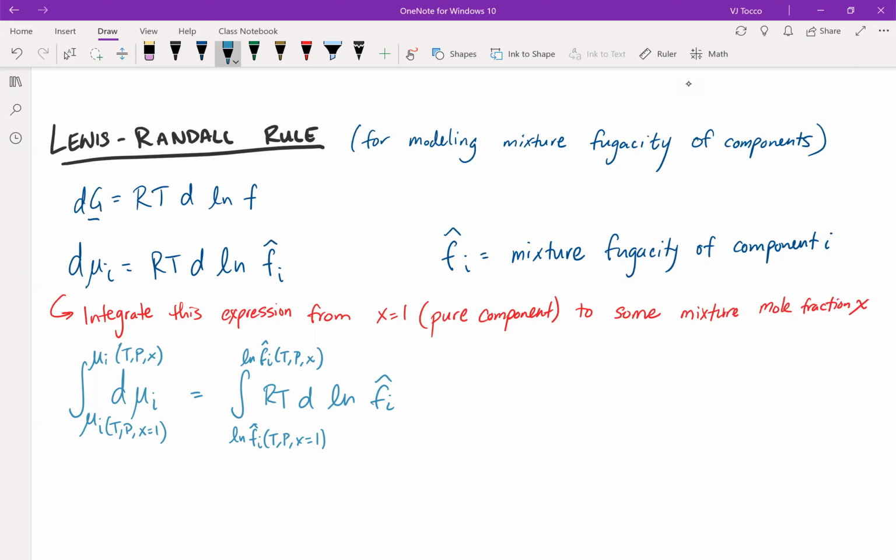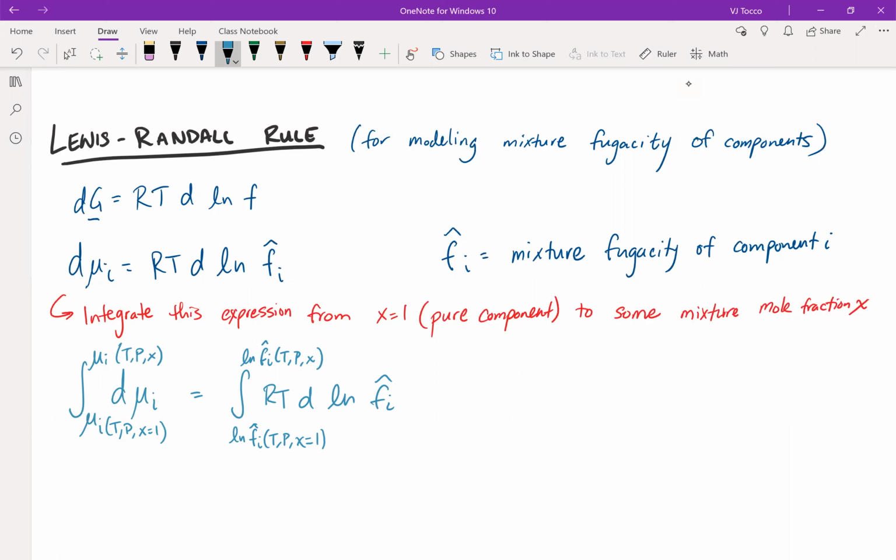Now, a simplification that I can make here is regarding the mixture fugacity of component i if x i is equal to 1. Actually, I don't want to confuse things. For clarity, I was thinking about putting a subscript i on all these x's. But if it's a binary mixture, remember, we can set the composition of the entire mixture just by setting the mole fraction of one of the components, since the other one is set by the physical constraint that they sum to 1.